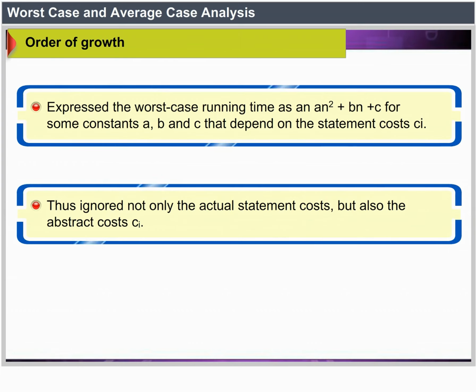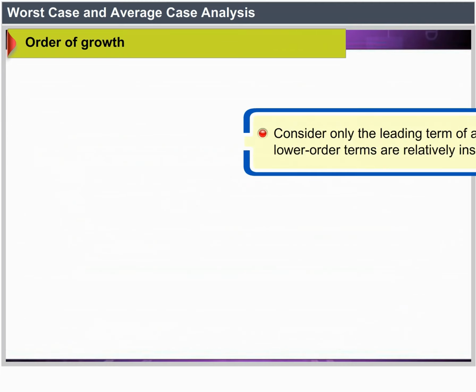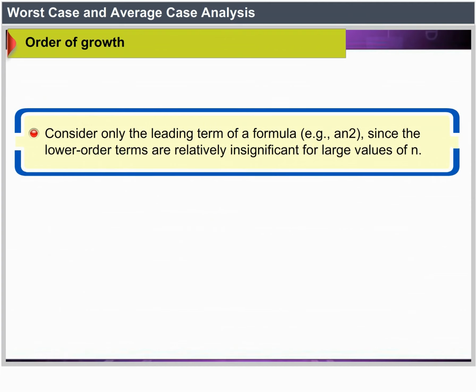We make one more simplifying abstraction. It is the rate of growth, or order of growth, of the running time that really interests us. We consider only the leading term of a formula, for example an², since the lower order terms are relatively insignificant for large values of n.